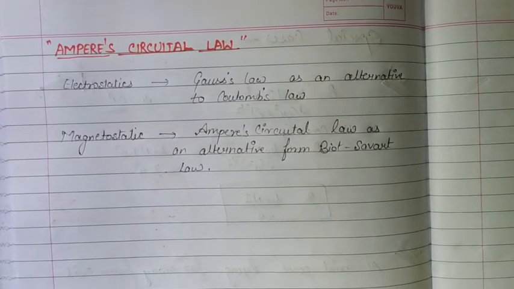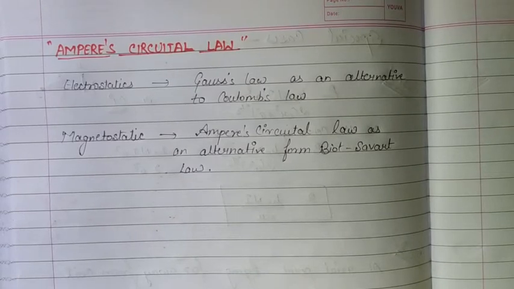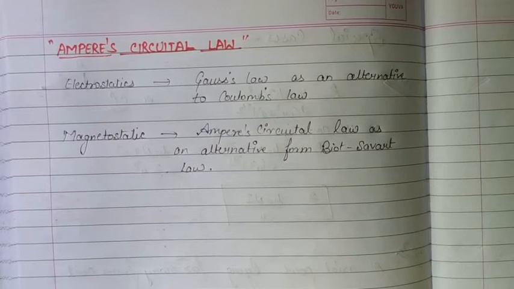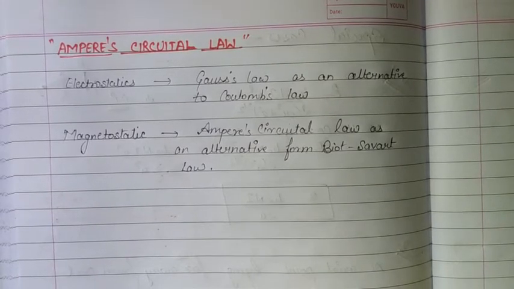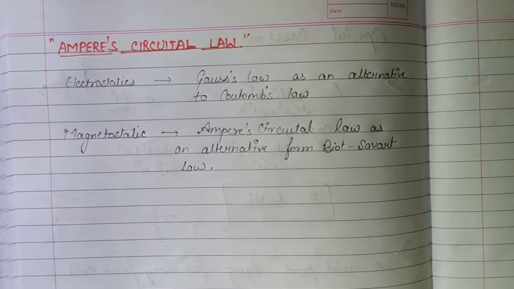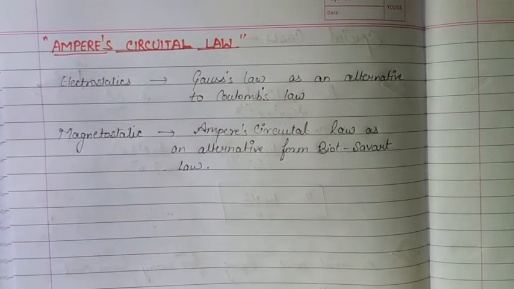So basically Ampere Circuital law gives a relationship between the line integral of magnetic field B and the total current capital I which produces this field. We have studied that if there is a current carrying conductor, then a magnetic field is set up around it because of the current flowing through it.